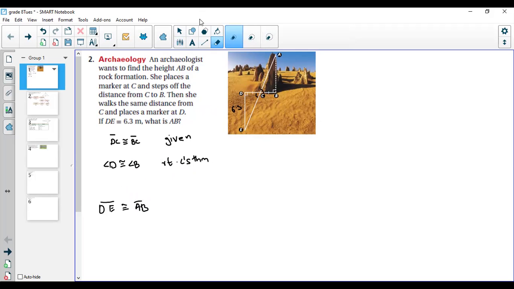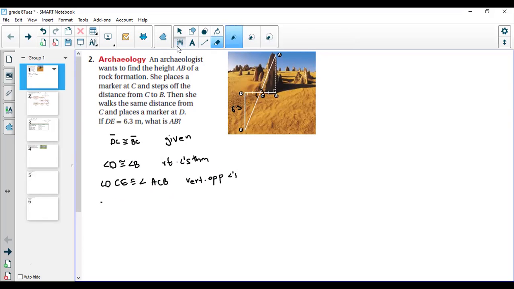So instead of using that side, we could say that angle DCE is congruent to angle ACB because of the vertical opposite angles theorem.